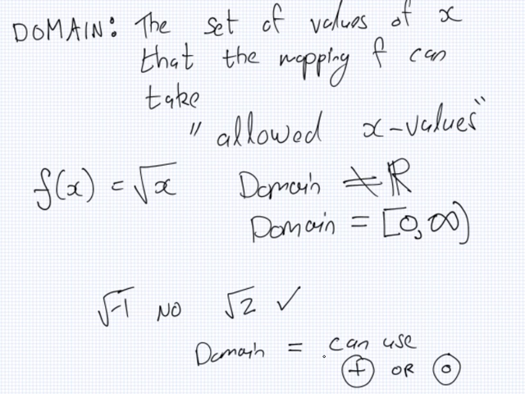So negative is not in the domain; only the positive and 0 are in the domain. Domain is what's allowed. It's the whole set of everything you can use, which may sometimes be all real numbers, or may not be. But it is only the set of the real numbers you can use.